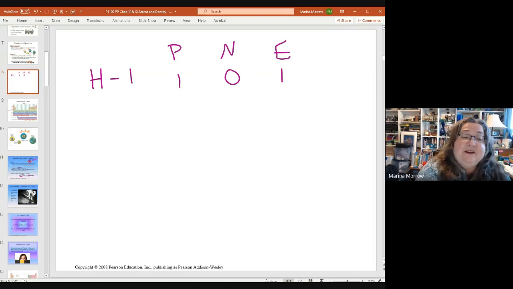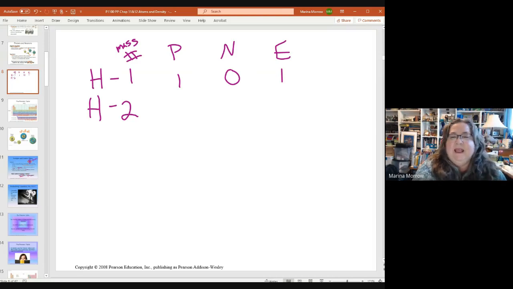But there is hydrogen 2. This is the mass number we're looking at, the combination of the protons plus the neutrons. For hydrogen 2, it has one proton because that makes it hydrogen, but it also has one neutron in the nucleus. And of course, it has one electron.